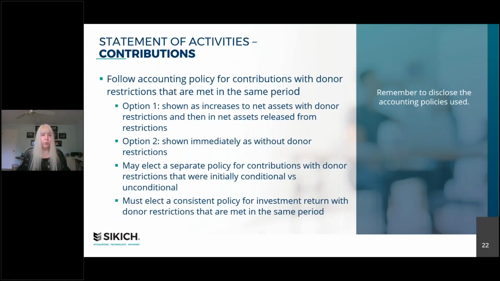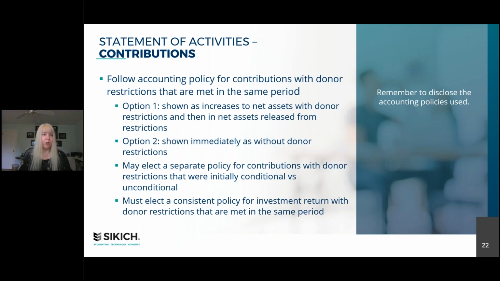So I want to go into some more detail of what the common errors are in the statement of activities, and a lot of it revolves around contributions. As a refresher, not-for-profits have a couple options for when donor restrictions are met in the same period as the contribution with donor restrictions.